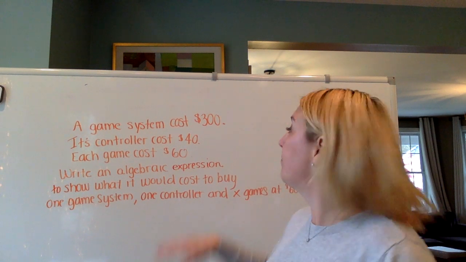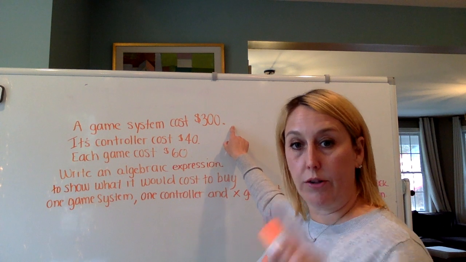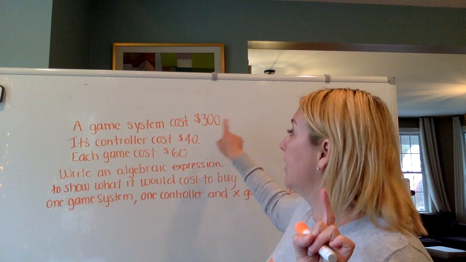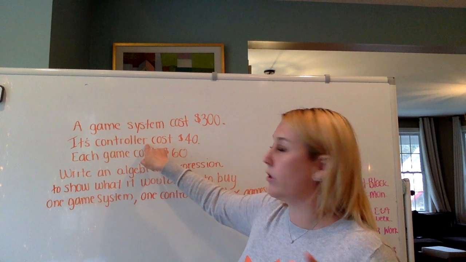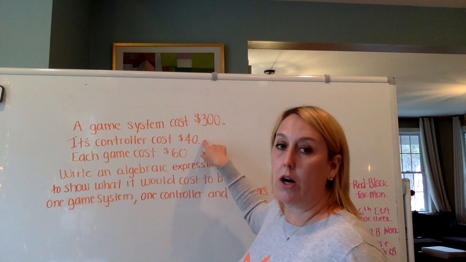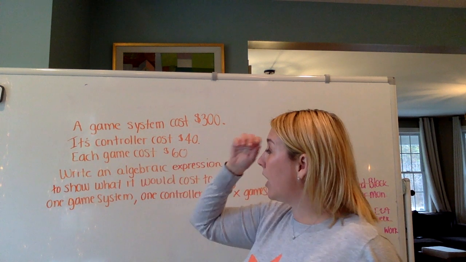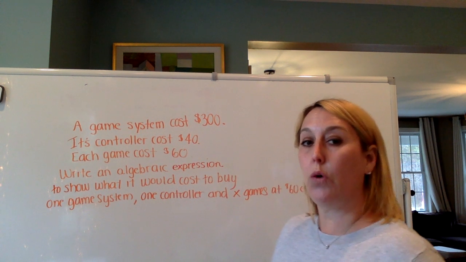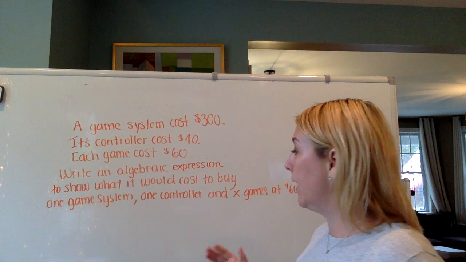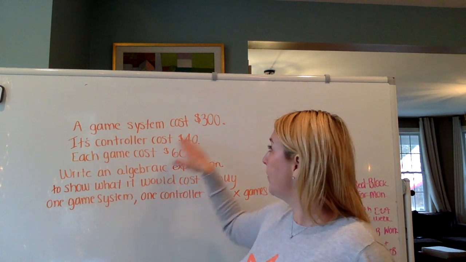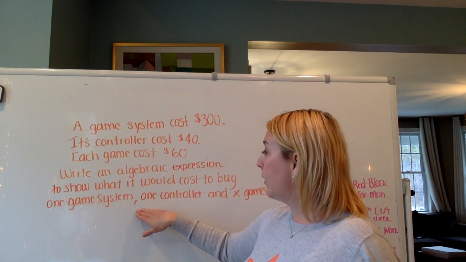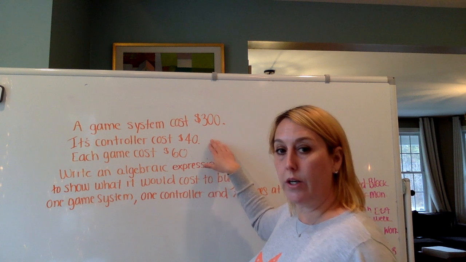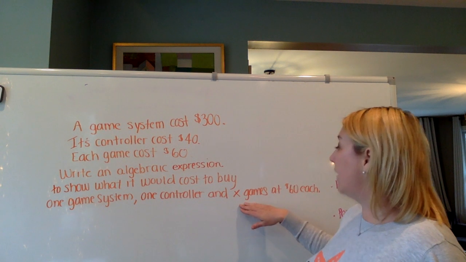So here you go. A game system costs $300. So one game system costs $300. Its controller, not plural, so only one controller costs $40. And then each game costs $60. So write an algebraic expression to show what the total cost would be to buy one game system at $300 plus one controller at $40 plus X number of games.